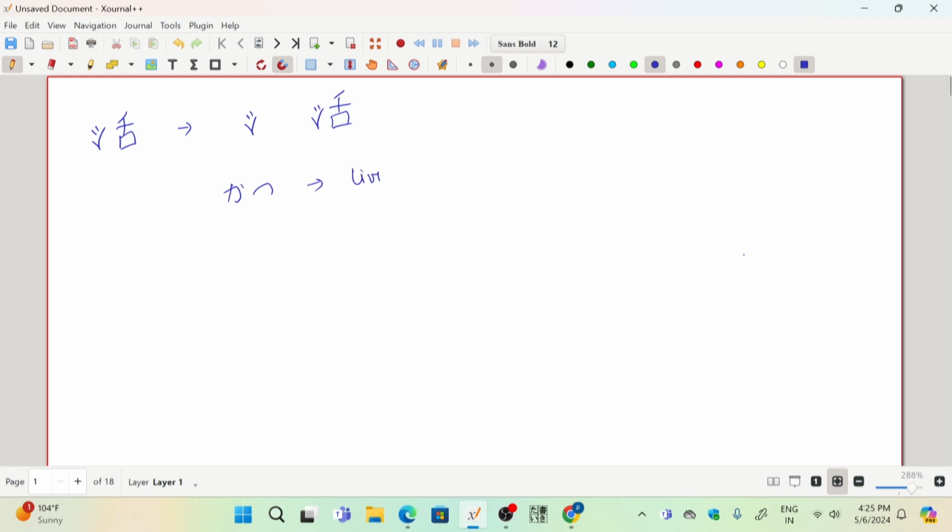It expresses the meaning of living, or sometimes also to be alive, or some action. So when there is a moment, there is action or some living, this kanji is used. So katsu represents living or alive or some action.